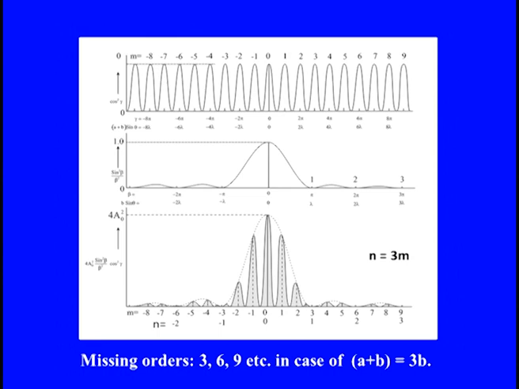The physical explanation of missing order is as follows. Consider for an example the missing order n is equal to 2. The point on the screen where we expect this order is just 2 lambda further from the center of one slit than from the center of the other. But since the slit width is the same as the opaque region between slits, this point is one wavelength farther from one edge than the other edge of the same slit.